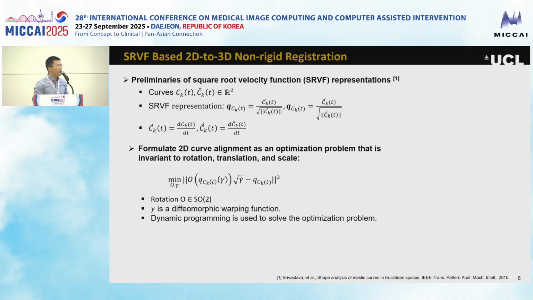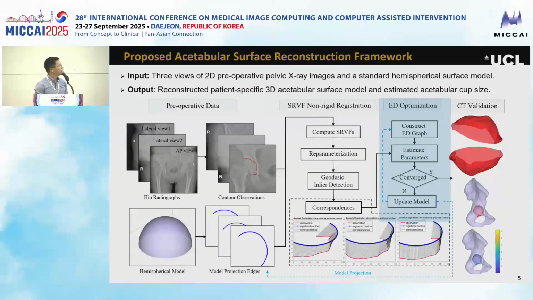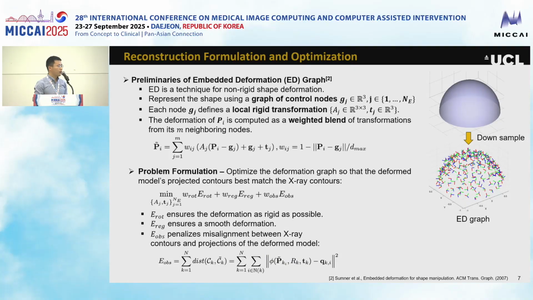So this module can provide very robust and accurate correspondences. Then, using the correspondences, the embedded deformation graph technique is used to iteratively deform the input model. Thus, the model projection contours can be aligned with the observation from the X-ray image.